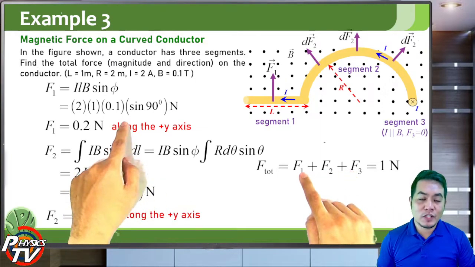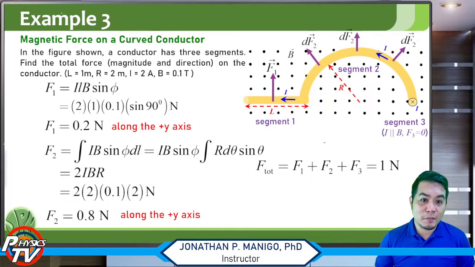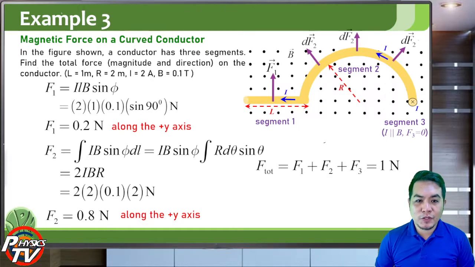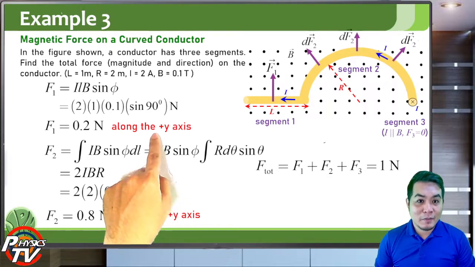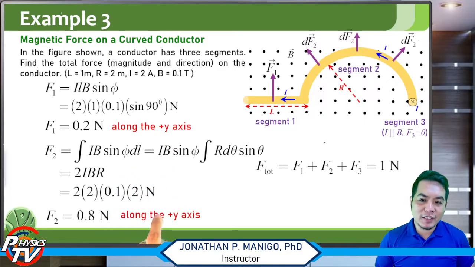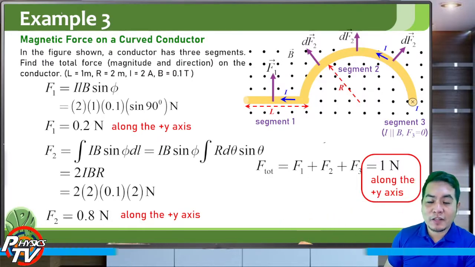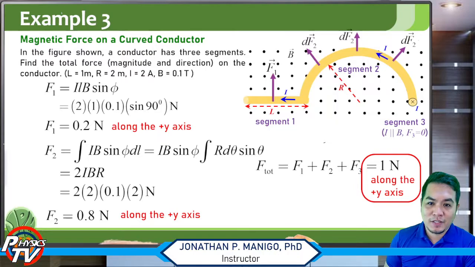So we just need to add the y components. You have 0.2 j hat and 0.8 j hat, and you will get a value of 1 Newton j hat, or 1 Newton along the positive y-axis. So that's how you solve this problem.